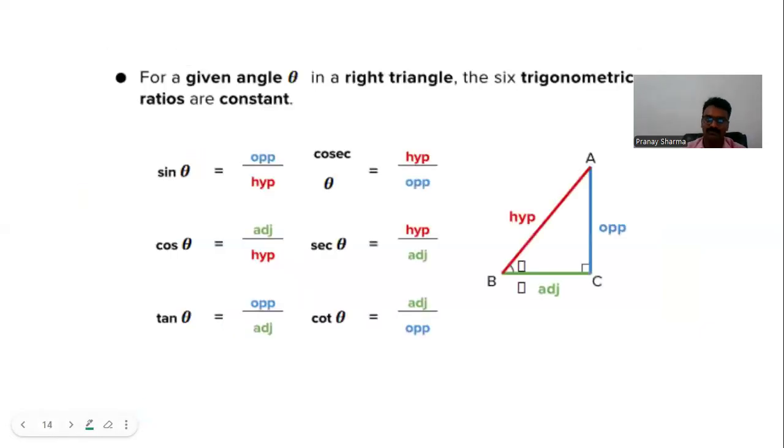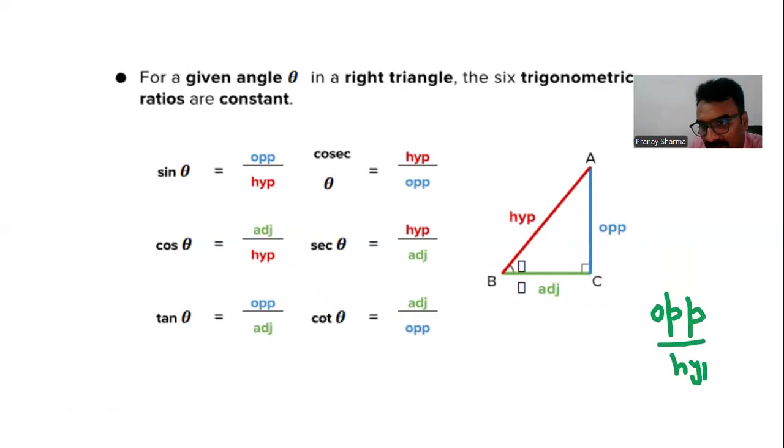Let us move to the next slide, which gives us the relationship between theta, their sides, and a trigonometric function. What do we call that? Now, suppose I say that I need to take the opposite over hypotenuse ratio along with theta.